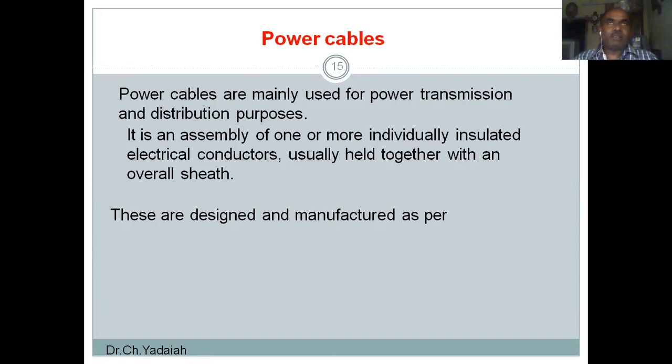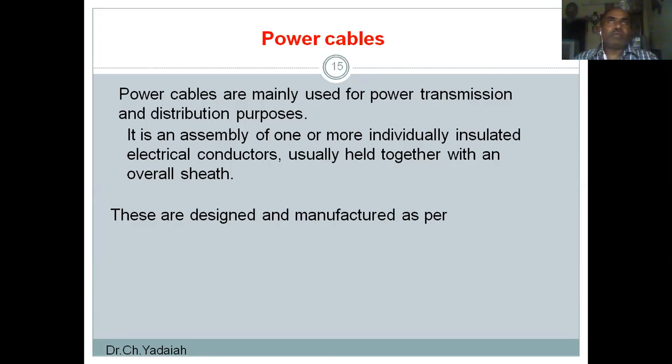Whatever energy is generated in the generating station has to be transmitted to the load centers. The generating station and load centers are very far apart, it may be hundreds of kilometers. For that purpose we require overhead lines as well as underground cables.